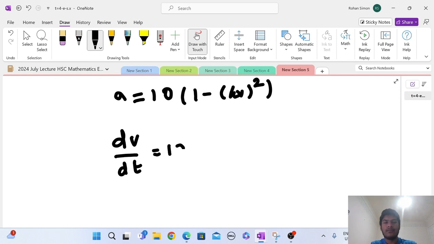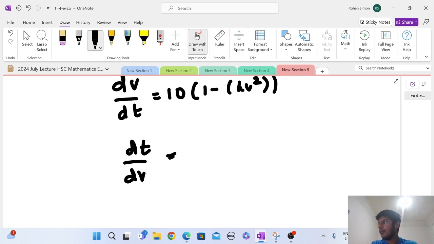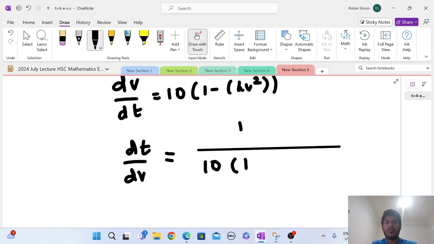So we get dv/dt equals 10 times (1 minus kv)^2. And if we reciprocate it, we end up with dt/dv equals 1 over 10 times (1 minus kv)^2.